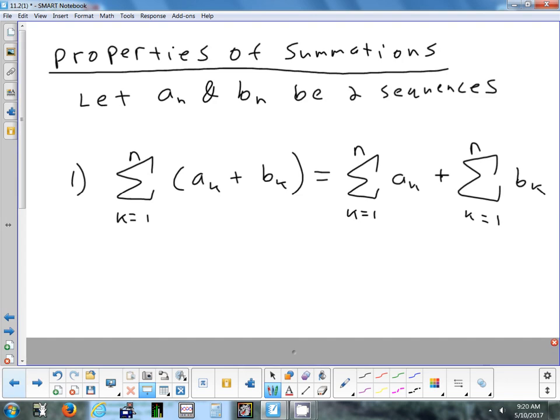Okay, for this one, I'll show you an example. And we'll do it the way it is on the left, and then we'll do it the way it is on the right, and you'll get the same thing. Let's say a sub k, and I'm going to make these very short sequences, was the sequence 1, 3, 5. B sub k, different sequence. Let's make it 2, 4, 6.